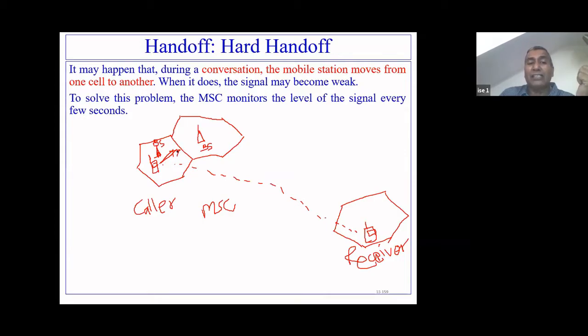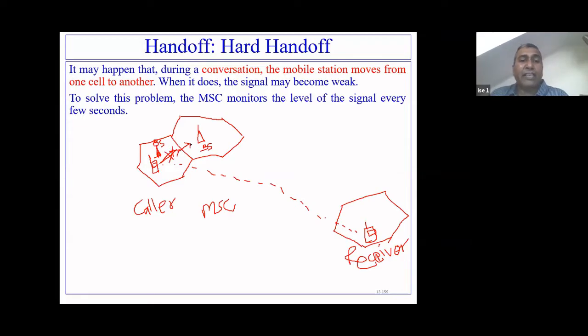And since the mobile station is moving in the direction of another base station, what it will do is it will make connection with this base station. MSC will make connection with this mobile station and find a suitable channel having good signal strength.